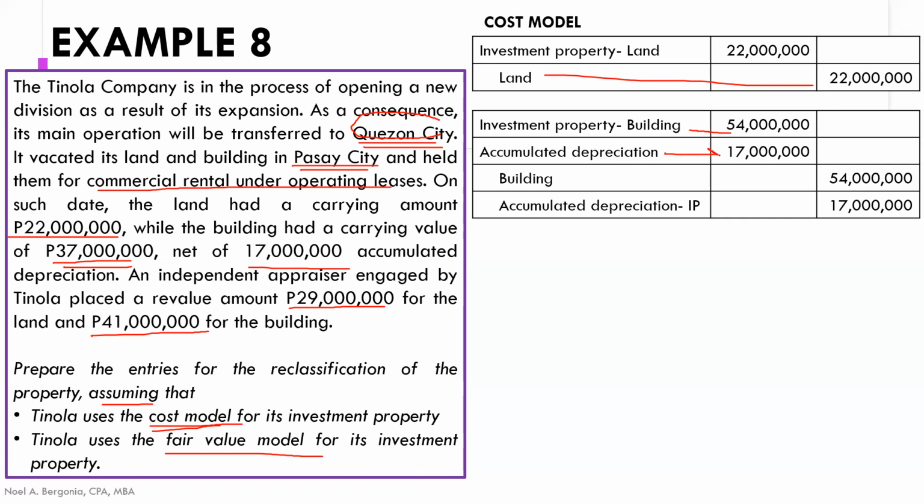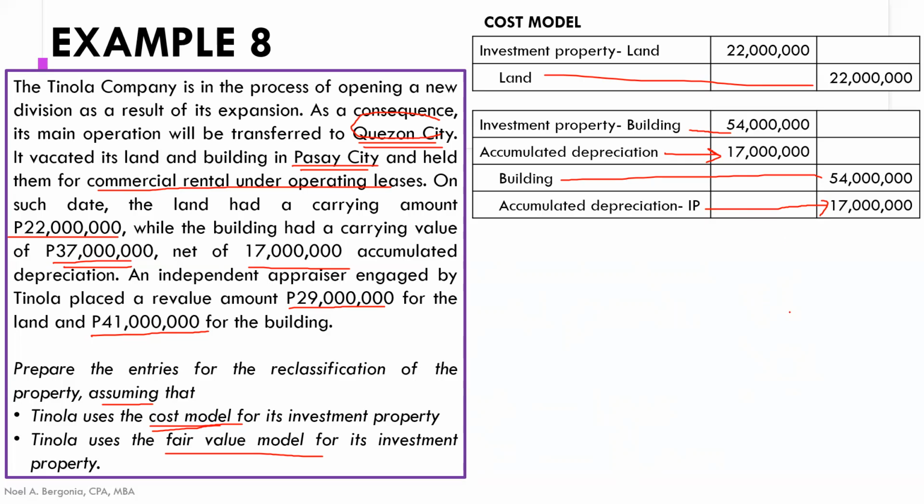So i-debit mo yung 17 million, tatanggalin mo rin yung building na 54 million. And then yung accumulated depreciation na tinanggal natin for the original building as owner occupied, ita-transfer lang natin siya as accumulated depreciation for investment property. So walang gain or loss using the cost model in that transfer.